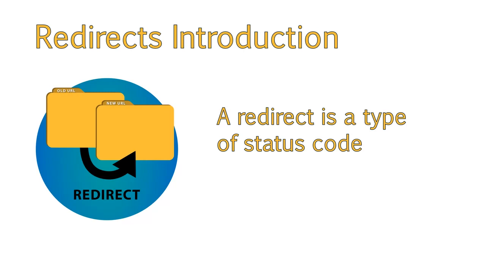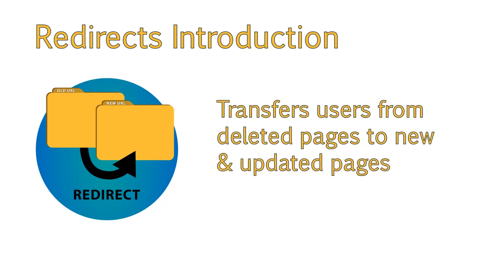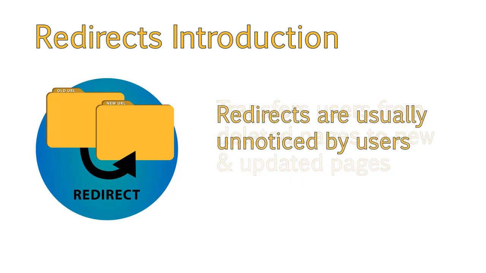When this occurs, it's a good idea to send users who land on the old, removed page to the new, updated page. One way to easily do this is through a redirect, which will automatically transfer the visitor to the new page. Most of the time, users don't even notice a redirect occurred.